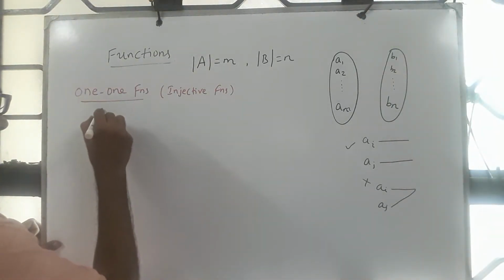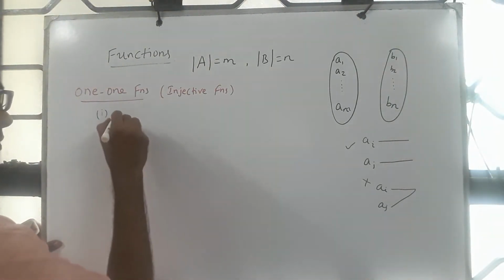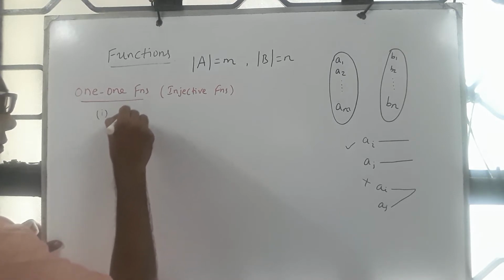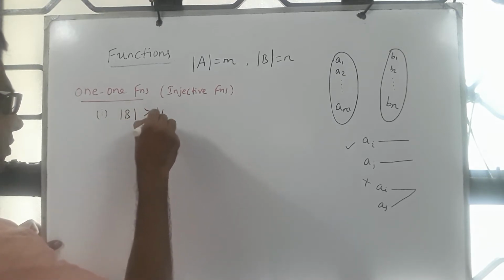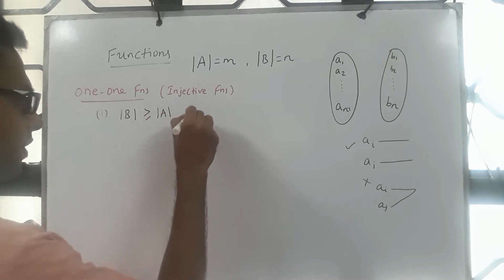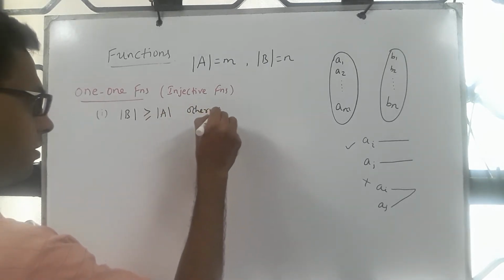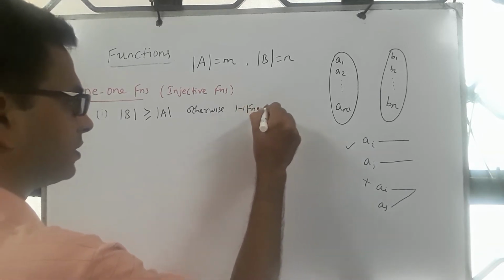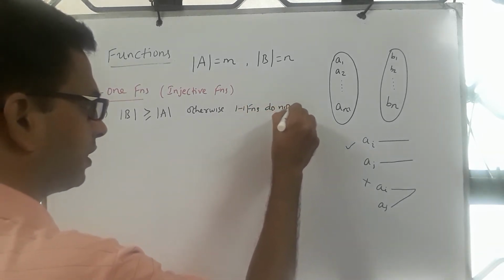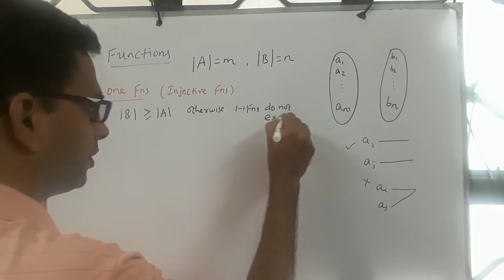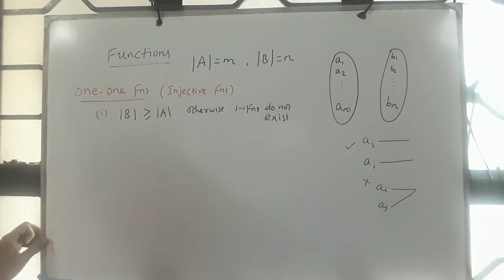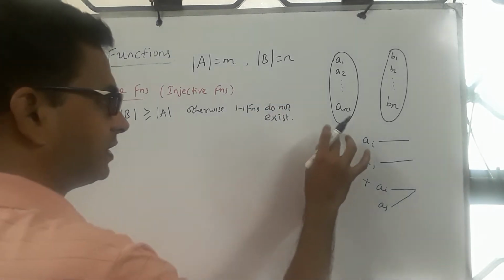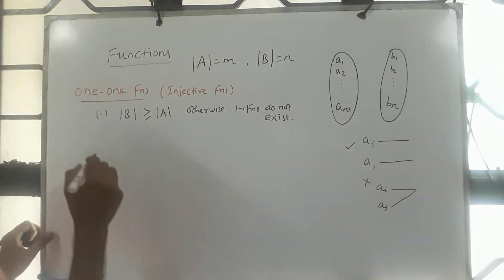So first thing is, as we observed before, cardinality of B is greater than or equal to cardinality of A, otherwise one-to-one functions do not exist. So one cannot talk about one-to-one functions. So if this is the case, then let's count.